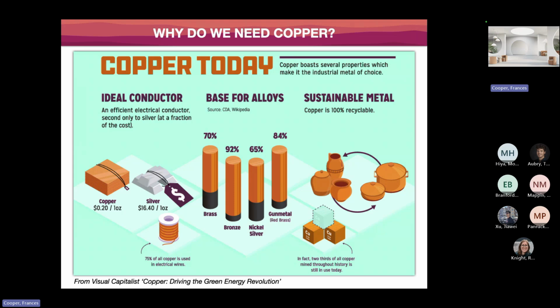It forms the base for some of the primary alloys that we use, such as brass and bronze. And one of the nice things about copper is that it is a sustainable metal. However, as we will discuss, despite the fact it's 100% recyclable, we don't actually recycle as much of it as we should. But even if we did, that probably wouldn't be enough to see us through the big changes that we require if we really want to change our economy over the coming years to move away from fossil fuels.